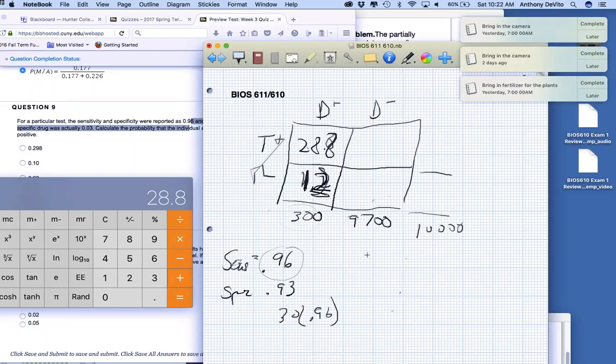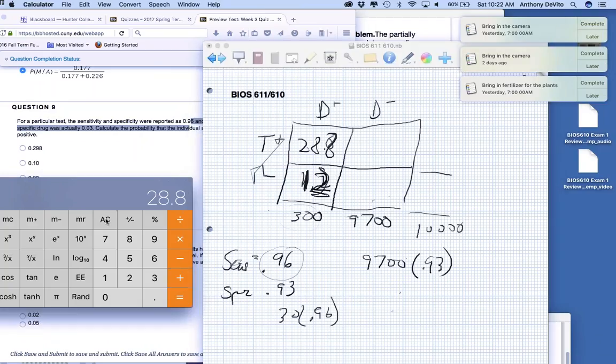So 9,700 times 0.93, my specificity, is going to be the percentage of time that I'll get that right. So 9,700 times 0.93 equals 9,021.